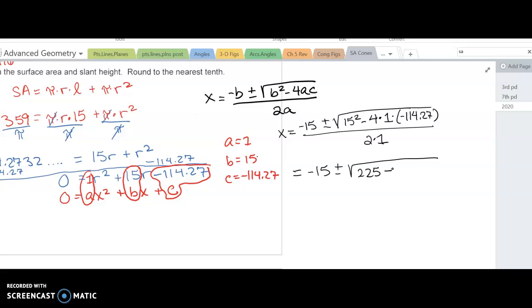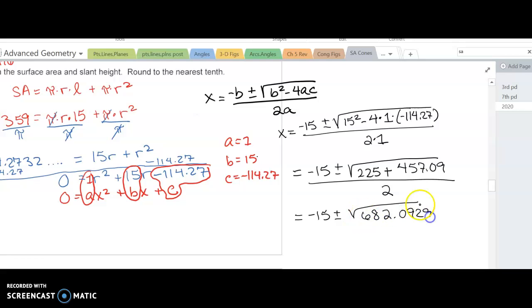And I'm copying and pasting that with all the decimals. So that ends up being a negative, and a negative would be a plus 457.09 all over 2. Then again, order of operations would say do what's underneath the square root first. So that gives us 682.09.